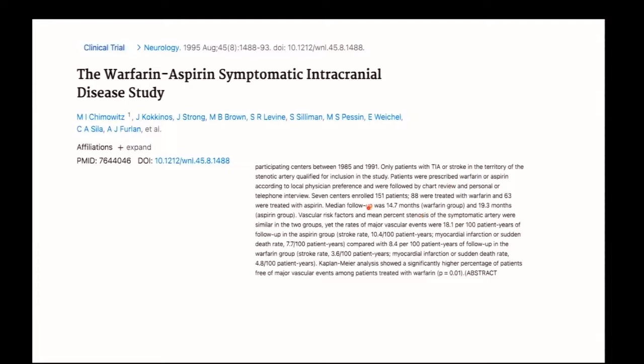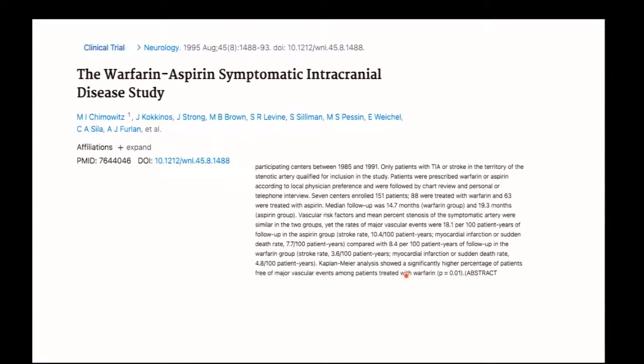It was a multi-center trial, a modern trial, following patients for more than a year. They compared warfarin to aspirin, and in this particular study, they found way better outcomes with the warfarin arm over the aspirin arm.